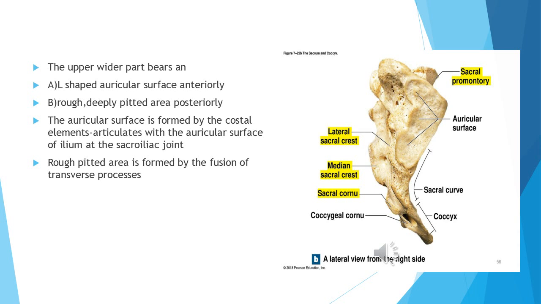The auricular surface is formed by the fusion of costal elements, and it articulates with the auricular surface of the ilium at the sacroiliac joint. The posterior roughened and pitted area is formed by the transverse processes.